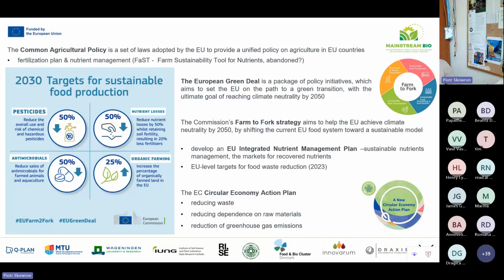The integrated nutrient management plan is also a part of the Circular Economy Action Plan, where we find aims like reducing waste, reducing dependence on raw materials, and reducing greenhouse gas emissions.